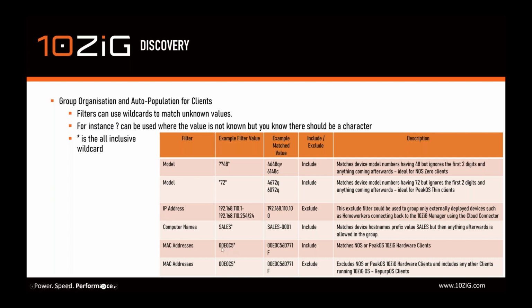So you could filter those devices into a group for the 10ZiG hardware. Alternatively, you could exclude those devices, and if you were then filtering on the Linux platform, that would potentially allow you to filter on repurposed 10ZiG devices.